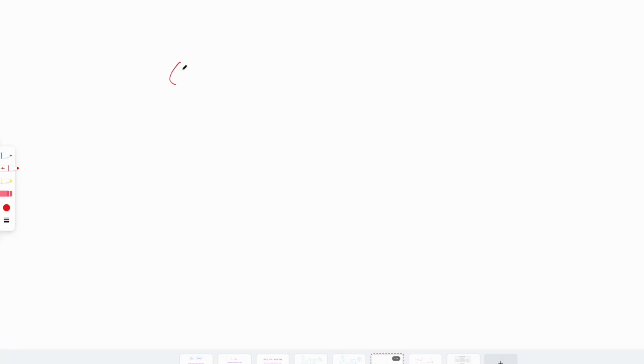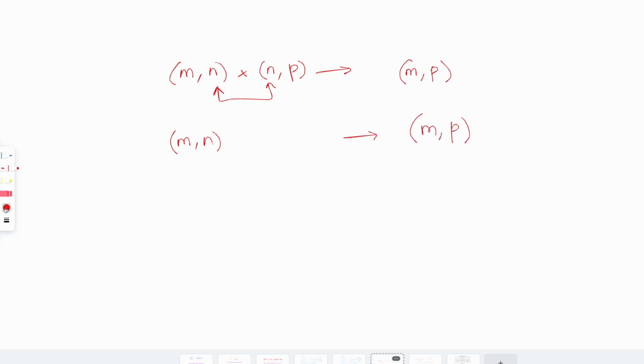When you multiply two matrices of shape M by N and N by P, you get a matrix of shape M by P. It's as if the N here cancels out and what you're left with is M and P. So when you're projecting an input of shape M by N into an output of shape M by P, you're multiplying it with another matrix of shape N by P. That's N rows by P columns.